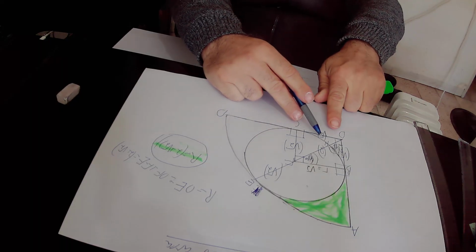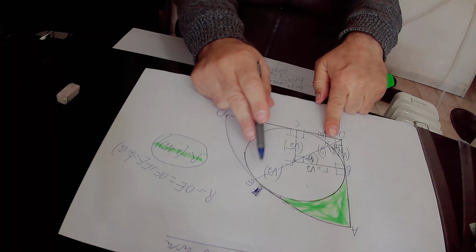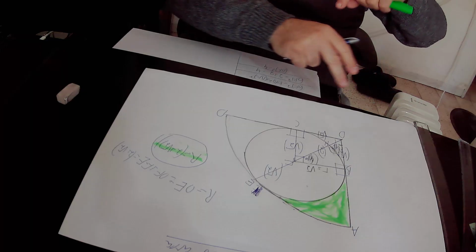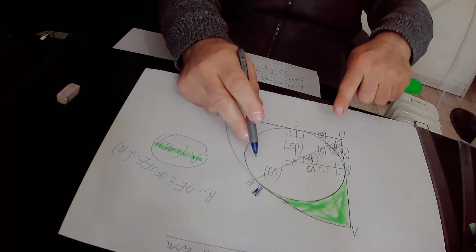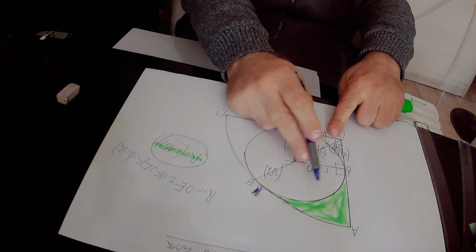HE is a straight line that touches the small circle here at point H and here at point E. And any straight line that touches the circle at 2 points must be a chord. So HE is a chord inside the small circle.